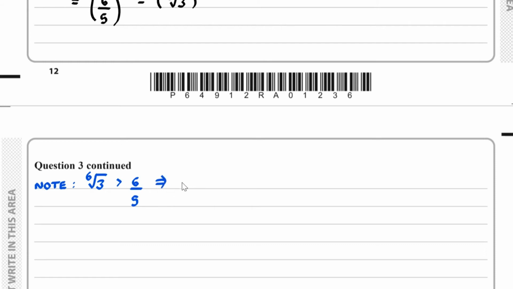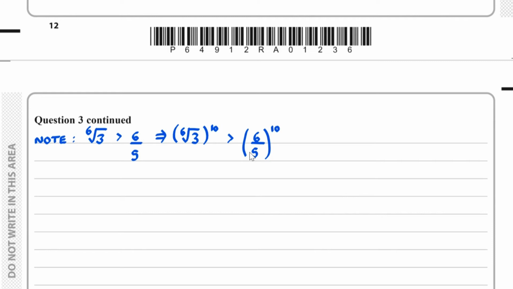that if I raise both of these to the 10, the 6th root of 3 to the 10 will be greater than 6 over 5 to the 10. And over here, this works because x to the 10 is an increasing function.